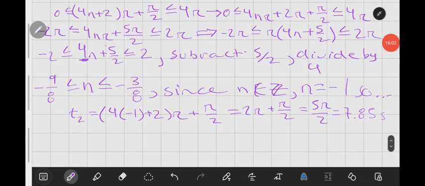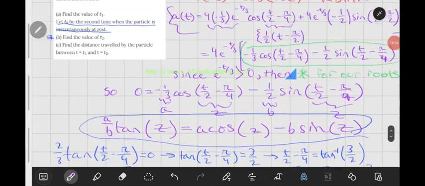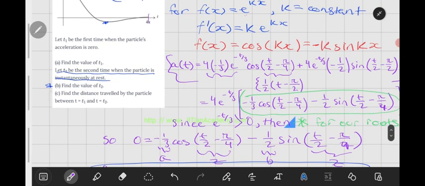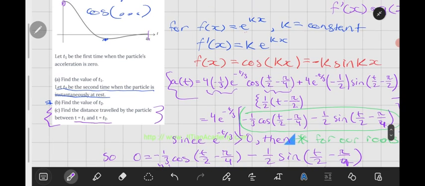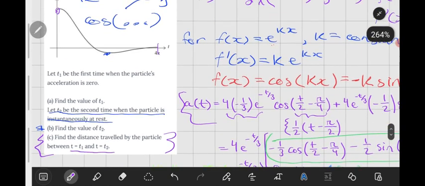Okay, now for our final question, question C. We're asked to find the distance traveled between T1 and T2. So that should roughly be the area under this curve.